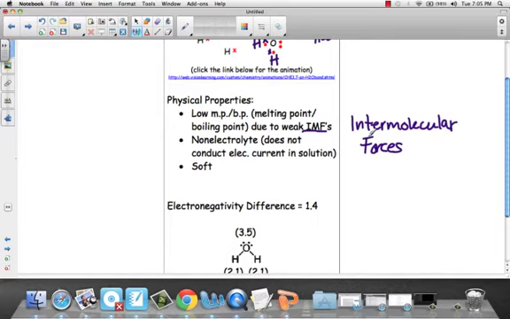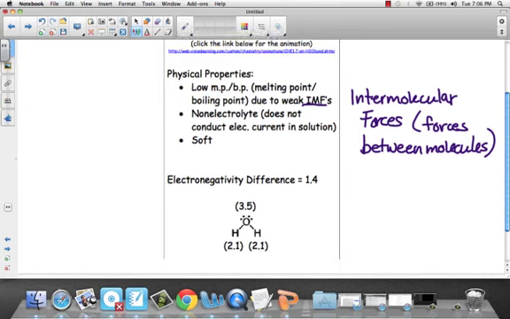So if this is intermolecular forces, it is forces between molecules. Okay? It is a non-electrolyte, which means it does not conduct electric current in solution, and it's usually soft.